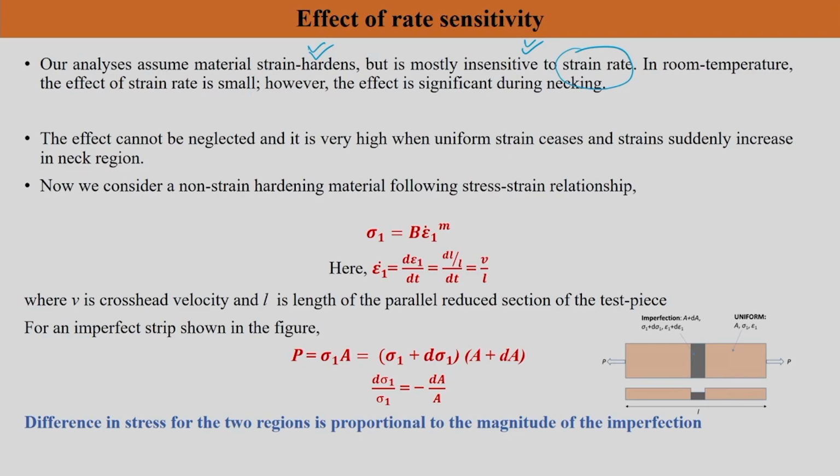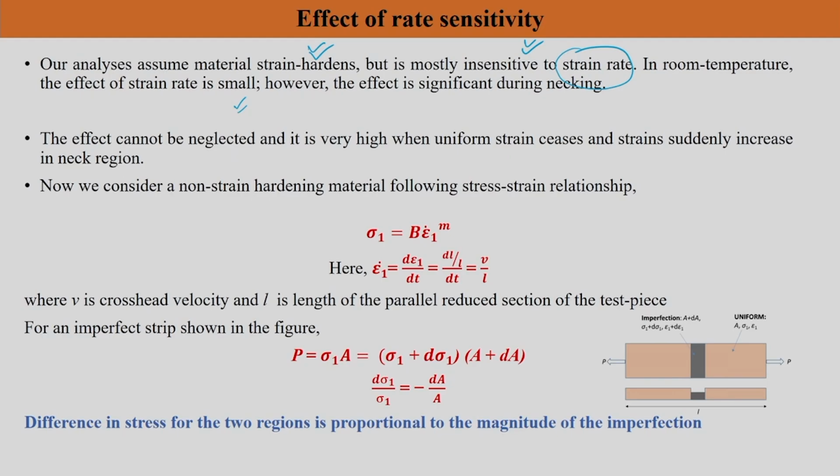Even at room temperature, when you assume the strain rate effect to be small, once necking starts the effect of strain rate is going to be significant. So we cannot neglect it, because in due course we will see an unstable increase in one of the strains, and that is going to be the reason for material failure.